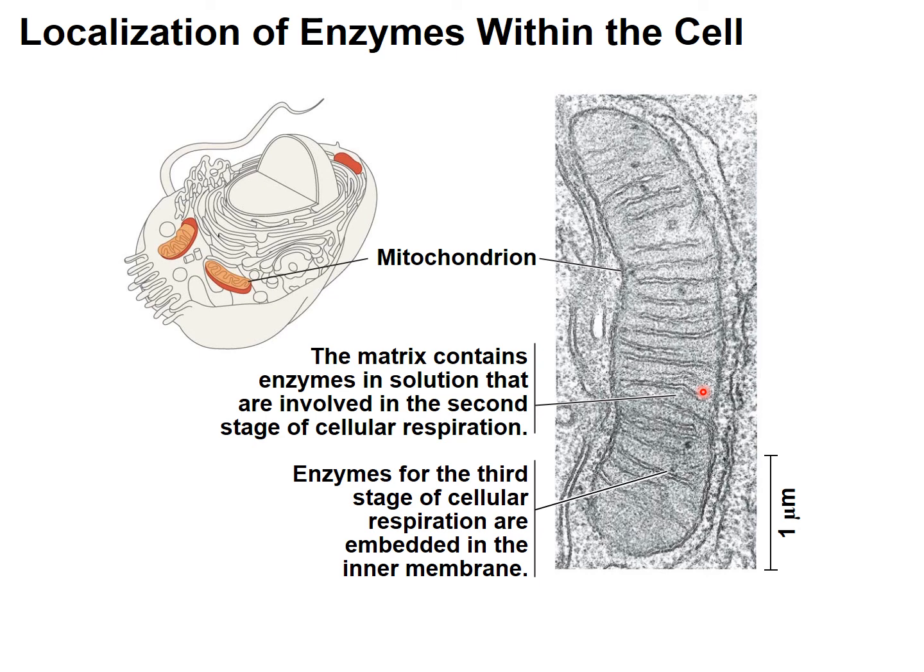Okay, so here we've got the matrix, which is that semi fluid substance, right? That's inside the inner membrane of the mitochondrion. There's enzymes in that fluid, which are actually part of the Krebs cycle, which is the second major stage of cellular respiration.